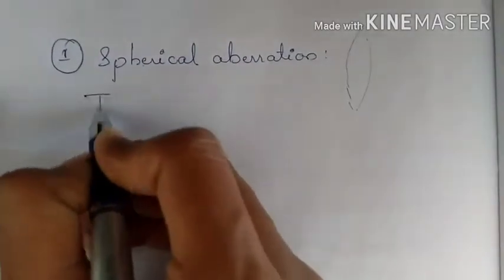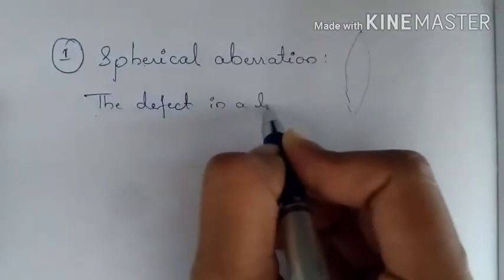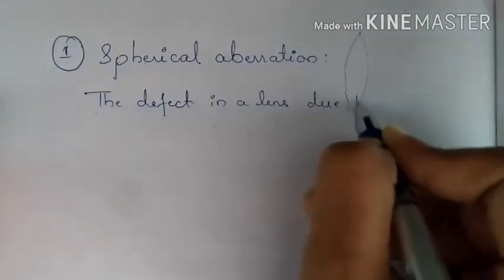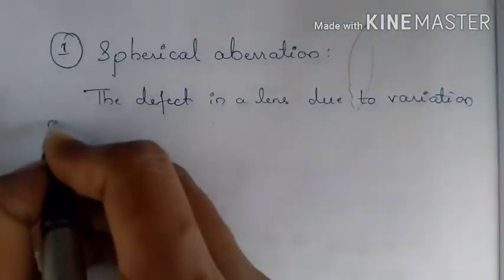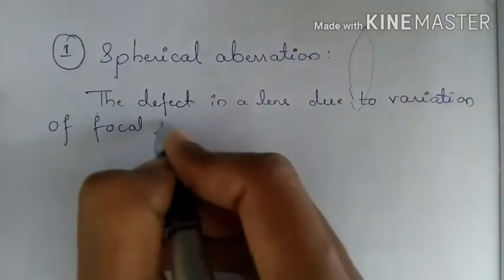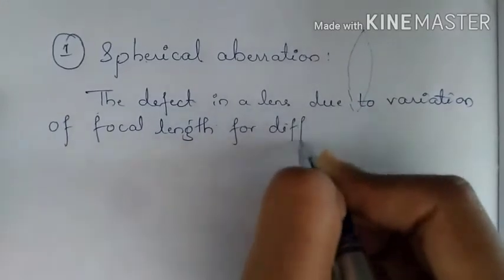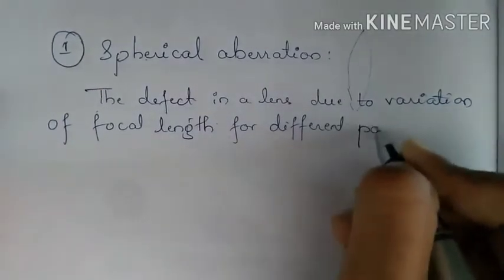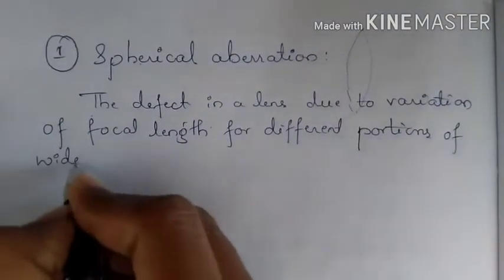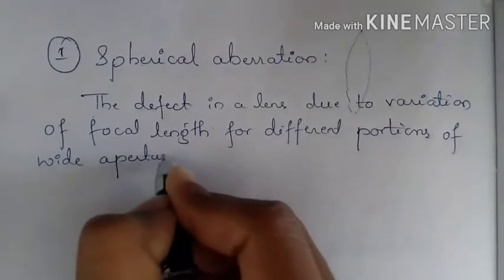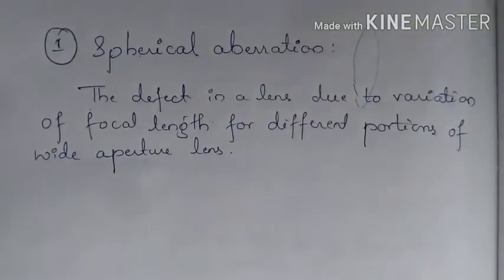So the defect in a lens due to variation of focal length for different portions of wide aperture lens, that is called spherical aberration.